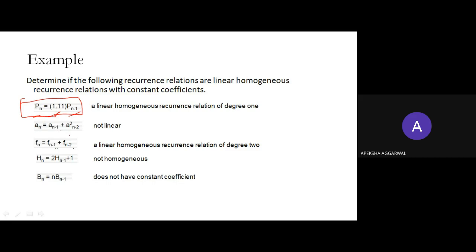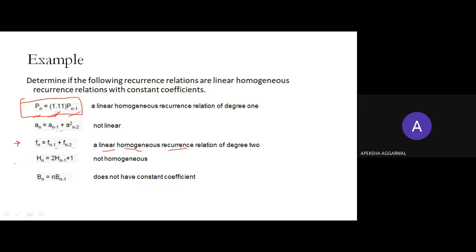What you want is a linear homogeneous recurrence. Then the third one, yes, this is a linear homogeneous recurrence relation of degree 2 because you are calling the previous two terms. This is not homogeneous.